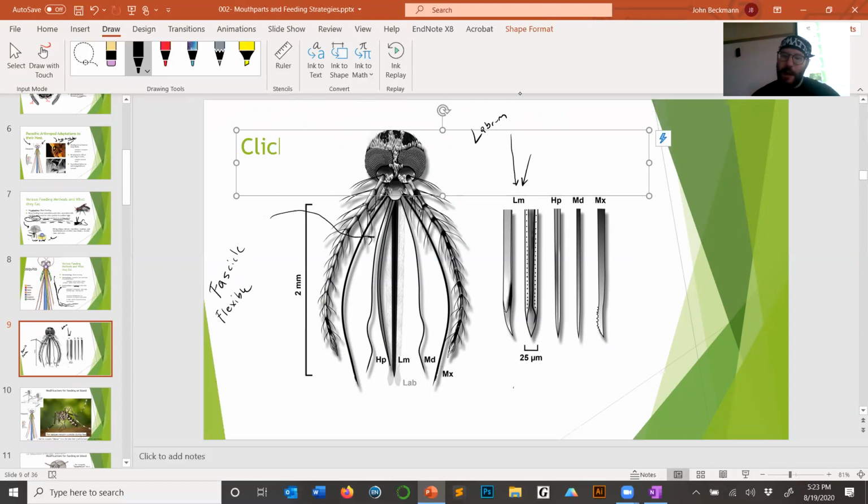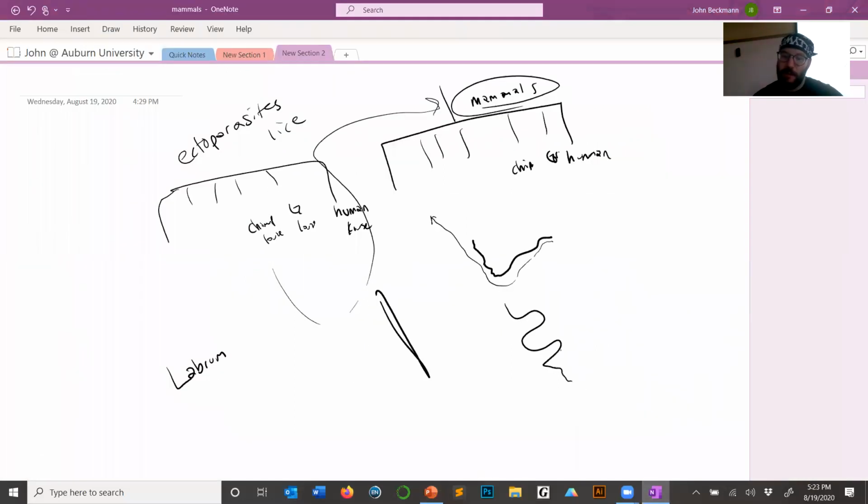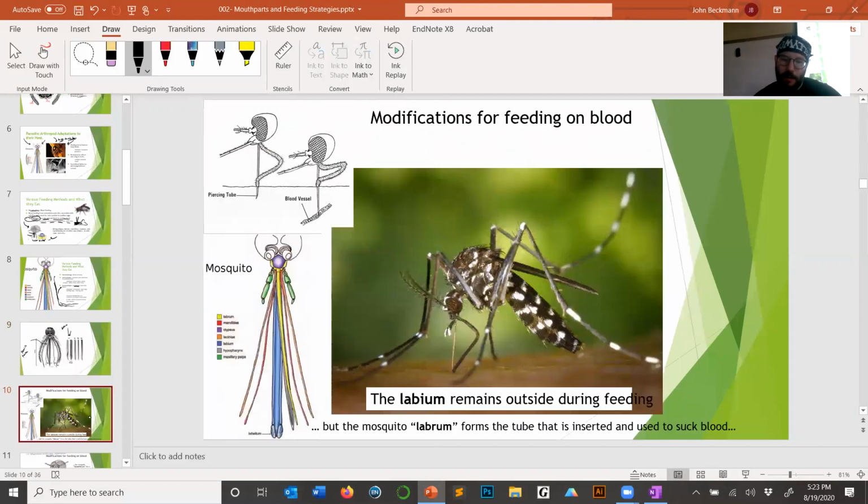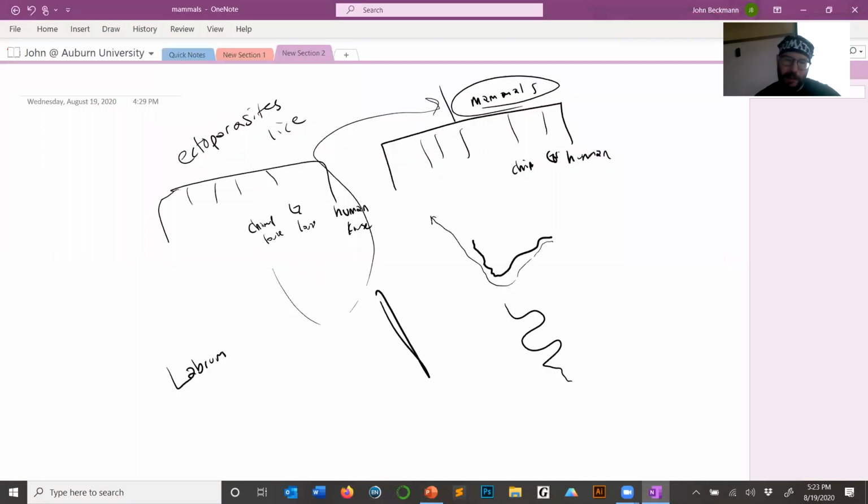This is after the fascicle has pierced you. Before that, the mosquito comes on top of you and lands, and it does some probing. It's trying to find a good spot to feed, and it will poke around until it finds one.